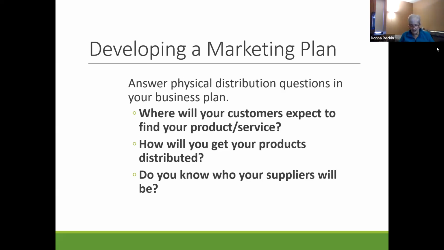And then you need to answer physical distribution questions. How are you going to get your products to where people would expect to buy them? A young lady, Maya Camille, who has Justice of the Pies, she finally has her own store on the South Side.